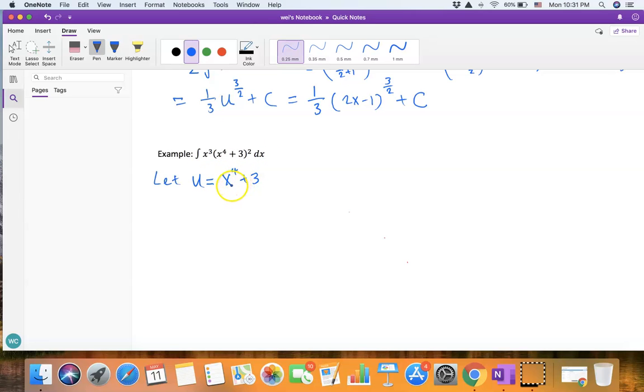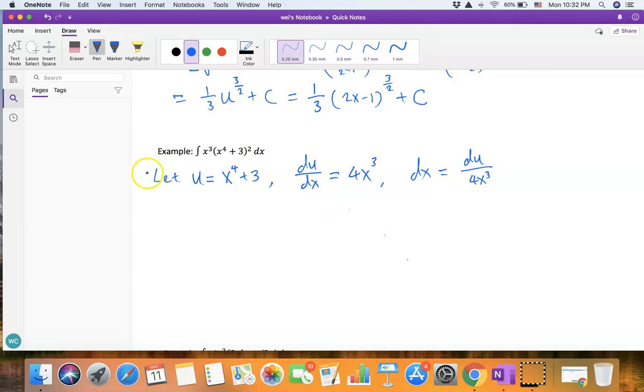Now, if u is x to the 4th plus 3, then du over dx is 4 times x to the 3rd, and to solve this for dx, we have dx is du over 4 times x to the 3rd.